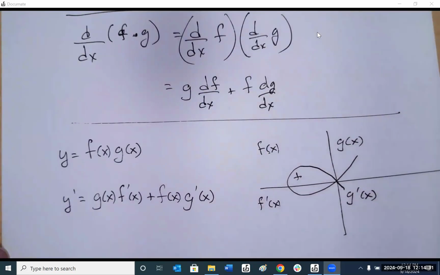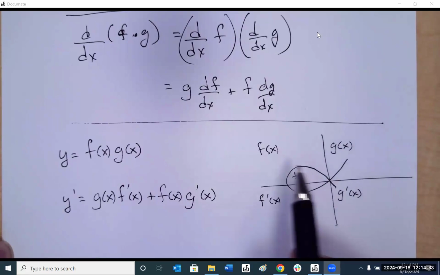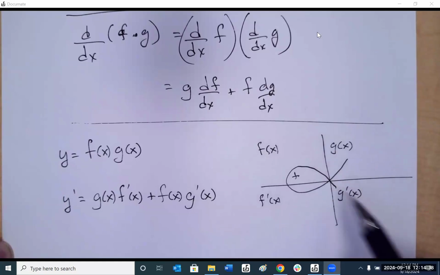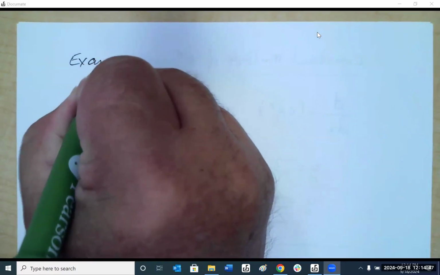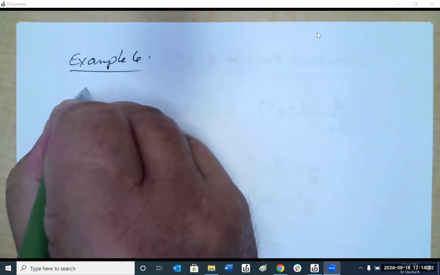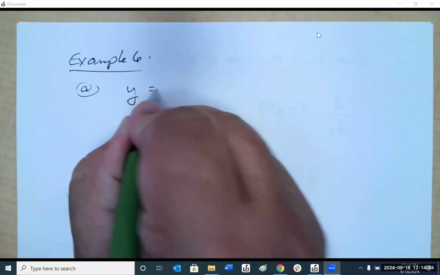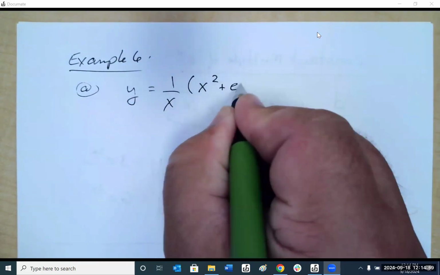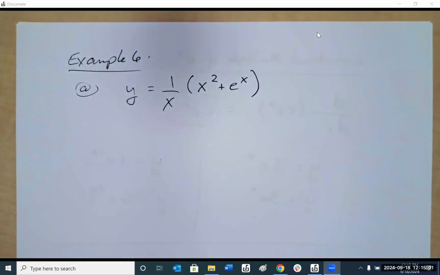Let's look at an example here. So remember the fishy thingy. We do f, g, f prime, g prime, and do the fishy thingy. From the top right, example 6. A, y is equal to 1 over x, x squared plus e to the x. Is this a product rule?